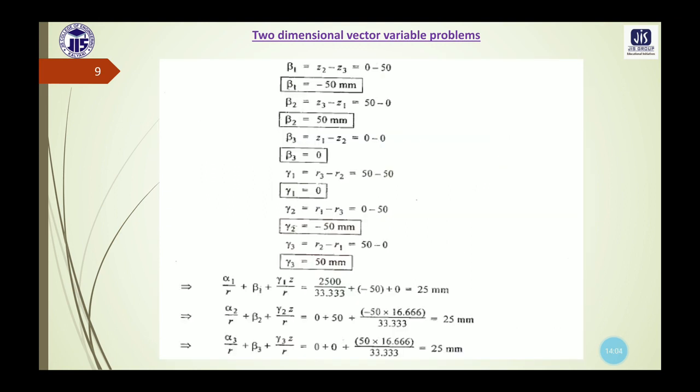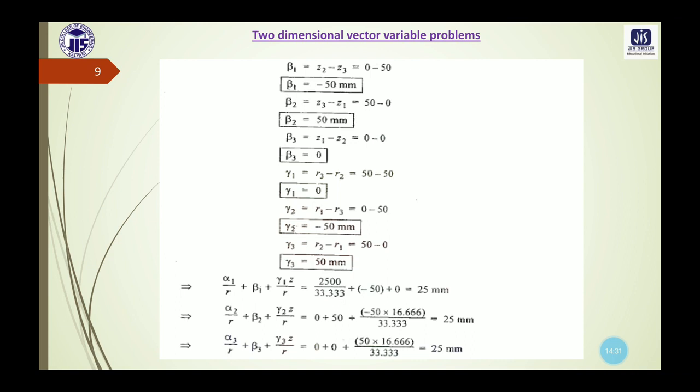In the similar manner, we need to use the formula for beta 1, which is Z2 minus Z3. So finally we have calculated beta 1 as minus 50 millimeter. Then the value of beta 2 is coming as 50 millimeter, and the value of beta 3 is Z1 minus Z2, so it is 0 millimeter. Next for gamma 1, it is R3 minus R2, so it is coming as 0 millimeter.